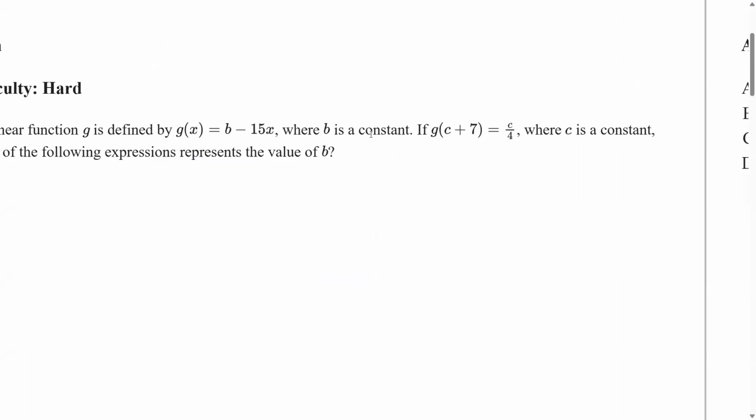So if we substitute c plus 7 in x, let's do that. We'll substitute c plus 7 in x and put c over 4 instead of the g of x. So instead of the g of x, put c over 4, and in every x put c plus 7. C plus 7.